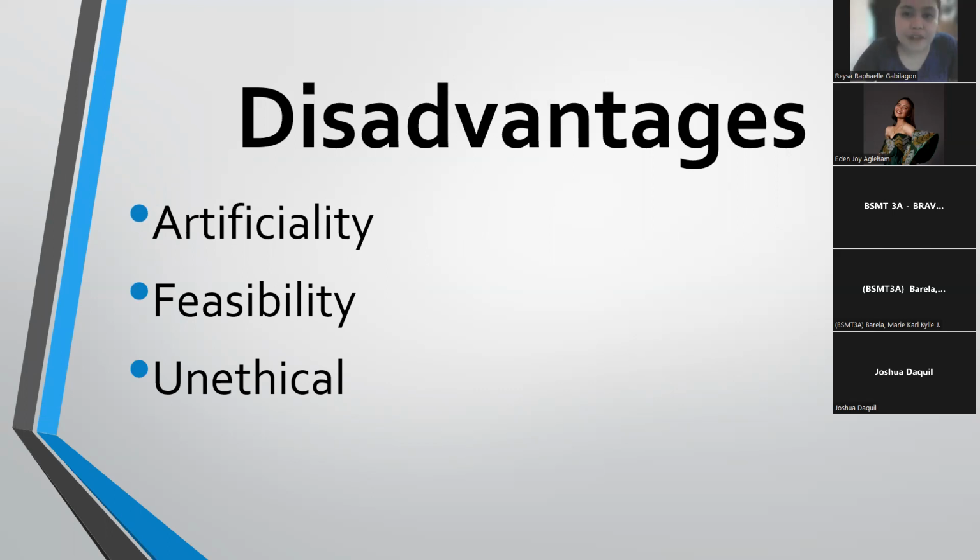However, we have the following disadvantages. Artificiality. So ito yung sabi ko kanina that we are not studying things in their natural setting. We are doing in vitro testings, for example, or we are going to use laboratory animals. And then feasibility. Sabi ko din sa inyo kanina, yung mga magkakandak ng experimental study, please check your procedure if that is feasible.